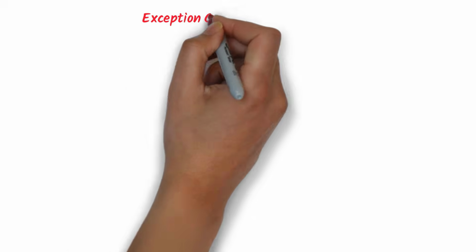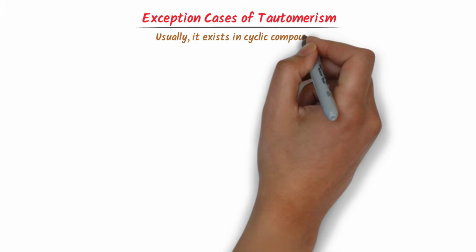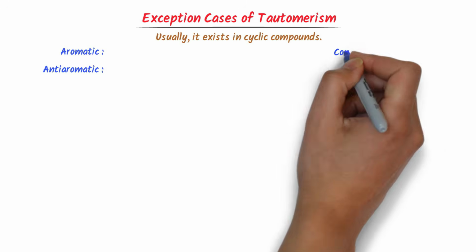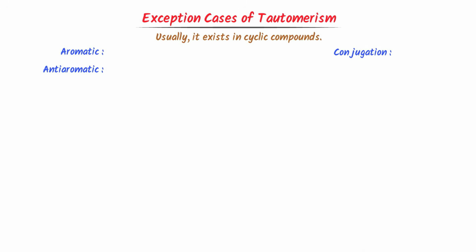Now we will learn the exception cases of tautomerism. Usually, these exception cases exist in cyclic organic compounds. For these cases, we have to learn two important concepts: aromatic, anti-aromatic, and conjugation. For aromatic and anti-aromatic compounds, I use this trick.